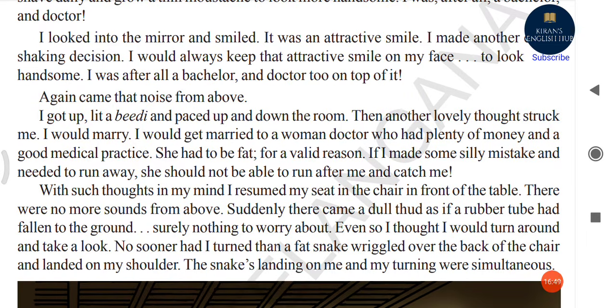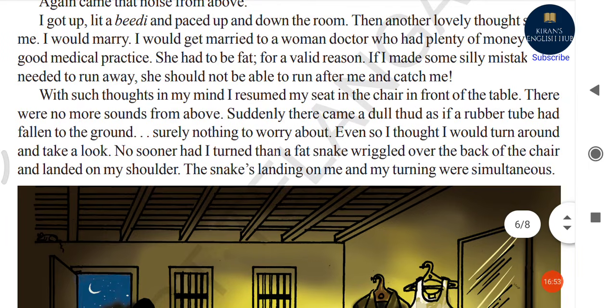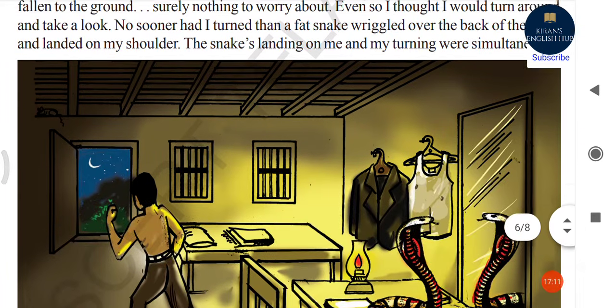The snake's landing on me and my turning were simultaneous. Simultaneous means at the same time: the exact time he turned, the snake was on his shoulder.